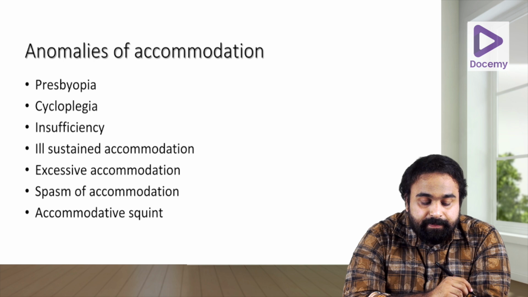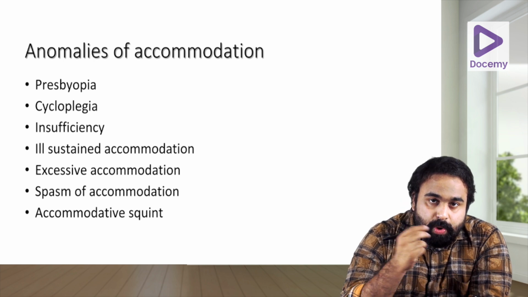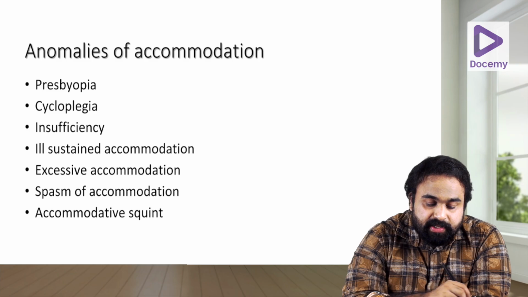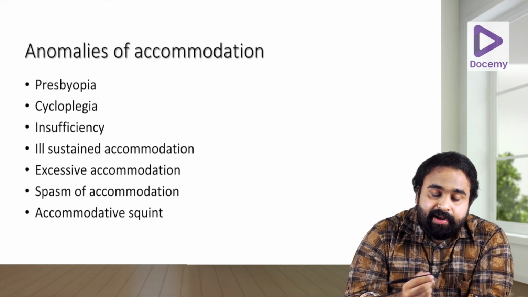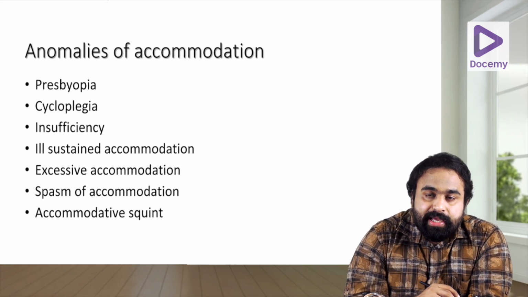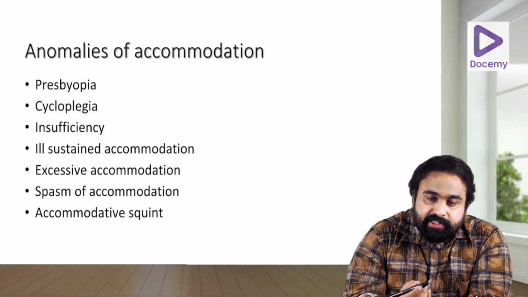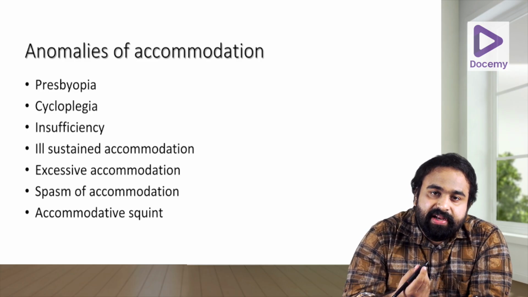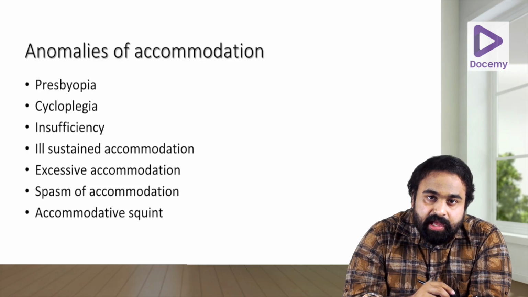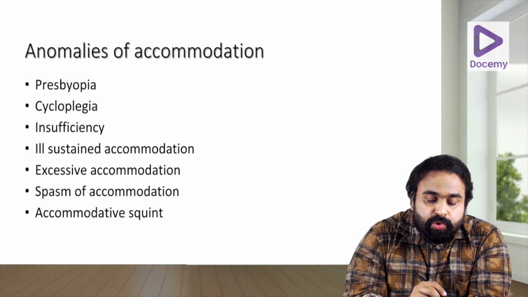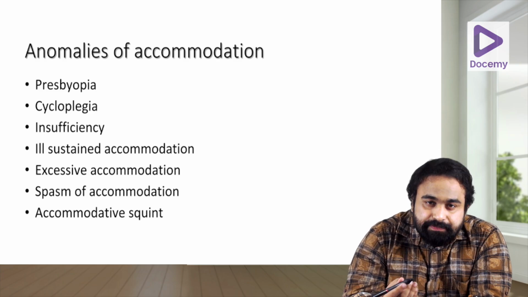One is presbyopia. What is presbyopia? It is the physiological decline of accommodation. Cycloplegia, that is paralysis of the ciliary body. We will get that with cycloplegic drugs and some neuritis from diphtheria, syphilis, diabetes and alcohol, and third nerve involvement, paralysis of accommodation. Accommodative insufficiency: there won't be sufficient power for accommodation.